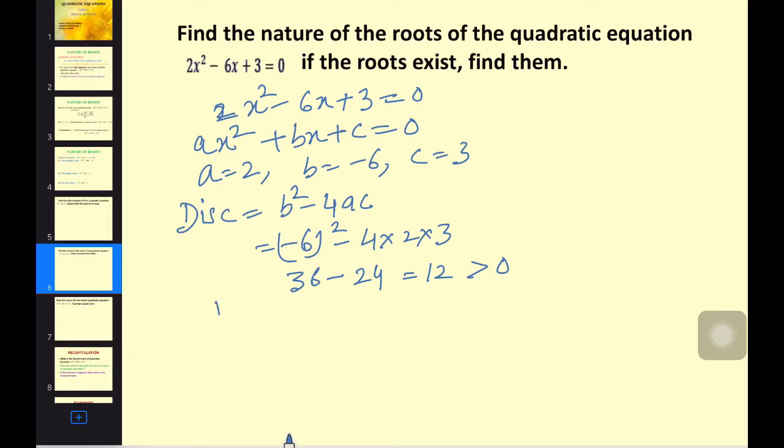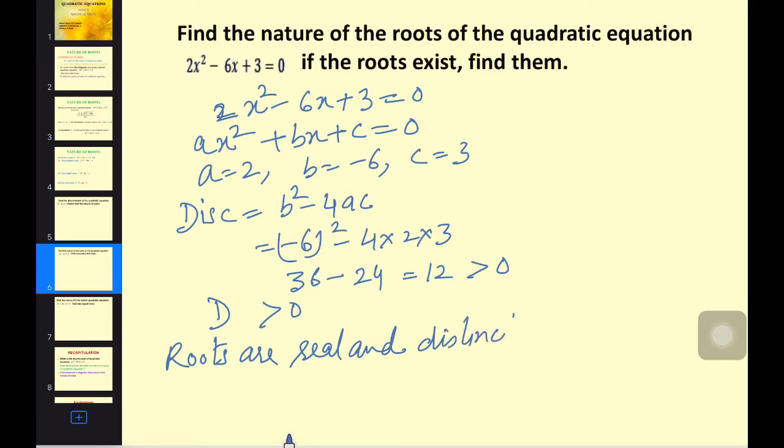If the discriminant is greater than 0, roots are real and distinct.